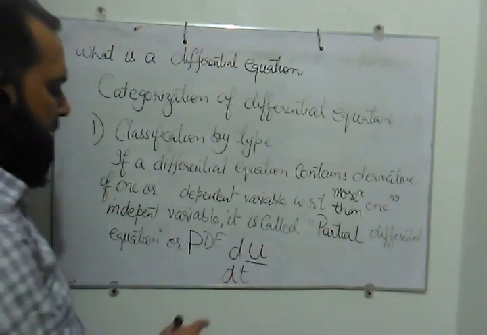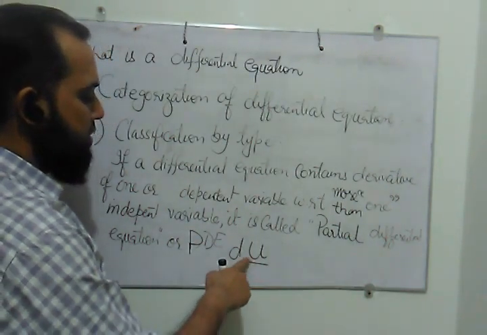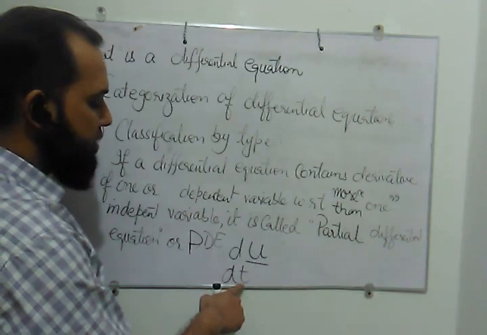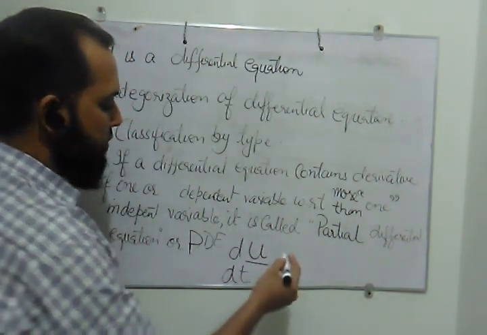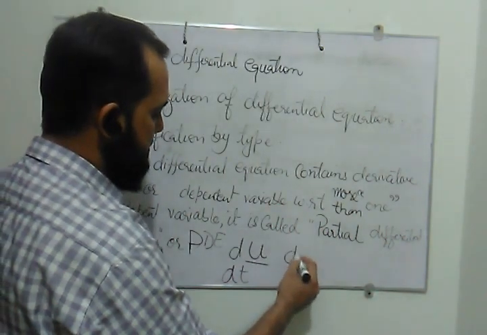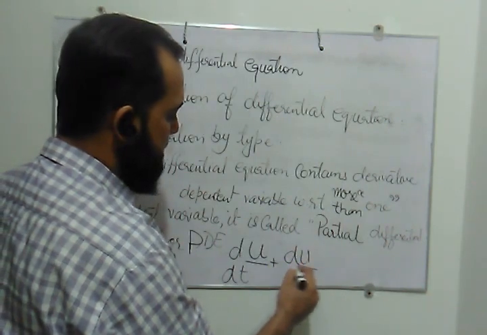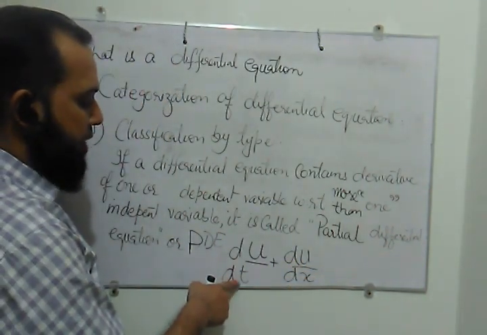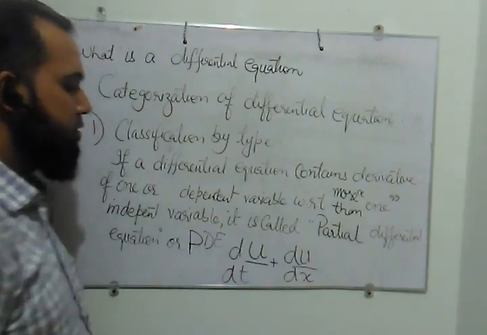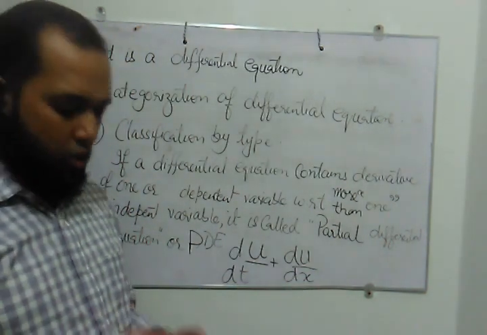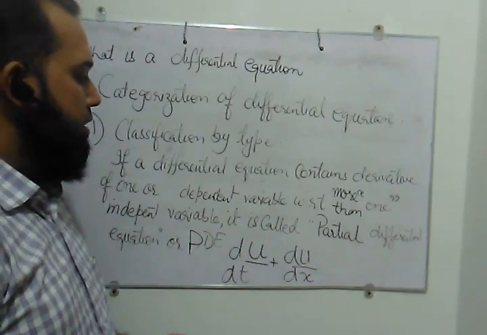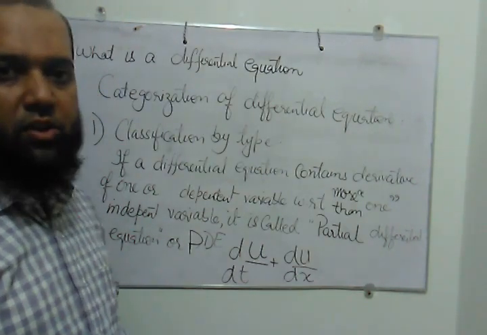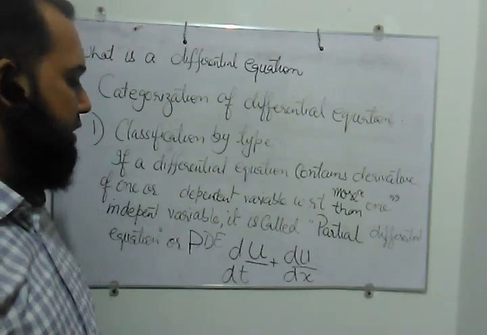An example is, in the same differential equation, the function u can be differentiated with respect to t, and another one, for example, with respect to position. In order to differentiate, in the equation we can understand what is an ordinary differential equation and what is a partial differential equation.